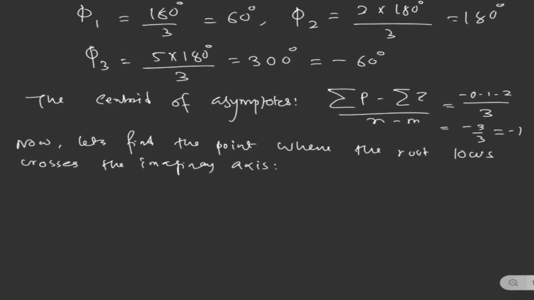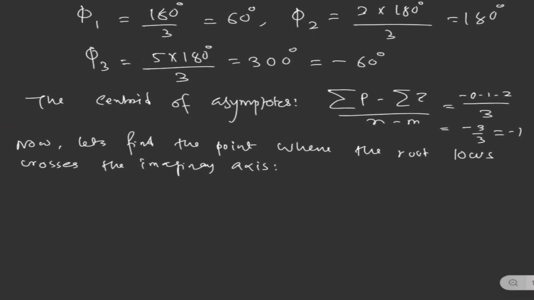For this, we can come up with the characteristic equation, and we can use the method of Routh stability criteria, and we can find that value. To apply the Routh stability criteria, we have to come up with the expression of the characteristic equation of the system.